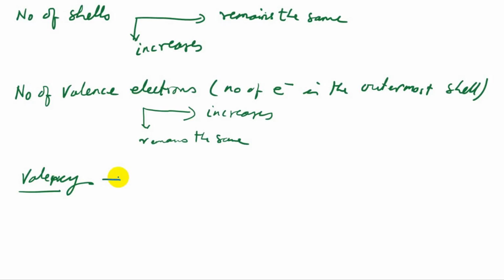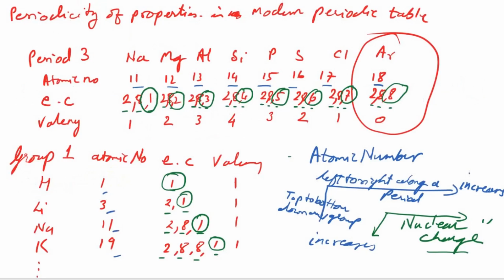Let's see again what is happening in the previous one. The valency is 1, 2, 3, 4. Up to here it is increasing. But after that, 3, 2, 1, 0, it starts decreasing. So initially it increases and then decreases.